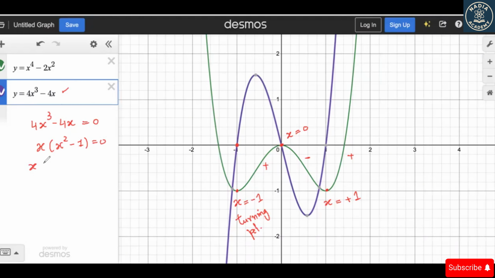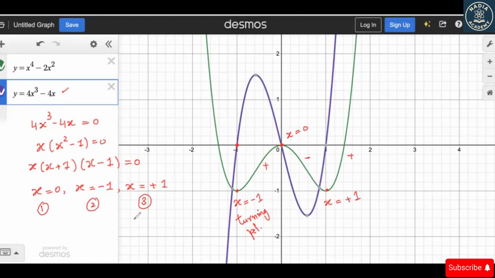So it's factorised into three linear factors: x, (x plus 1) and (x minus 1) is equal to 0. So here we have three values of the roots: x is equal to 0, x is equal to -1, and x is equal to positive 1. So we have three turning points at these three x coordinates.